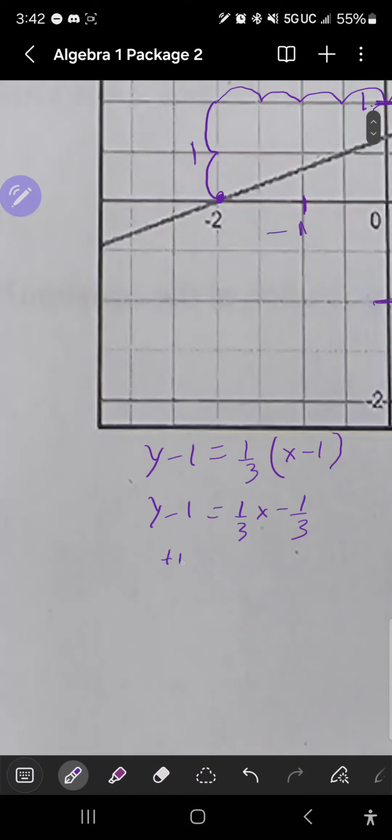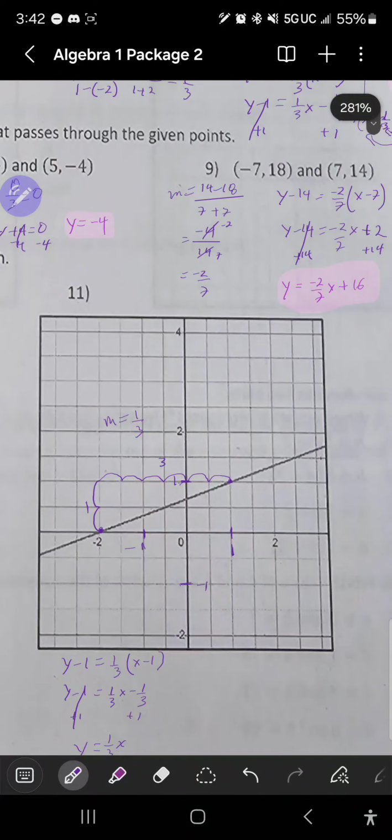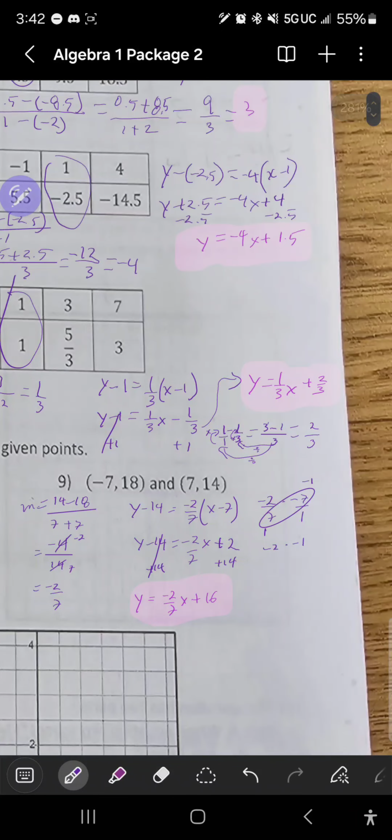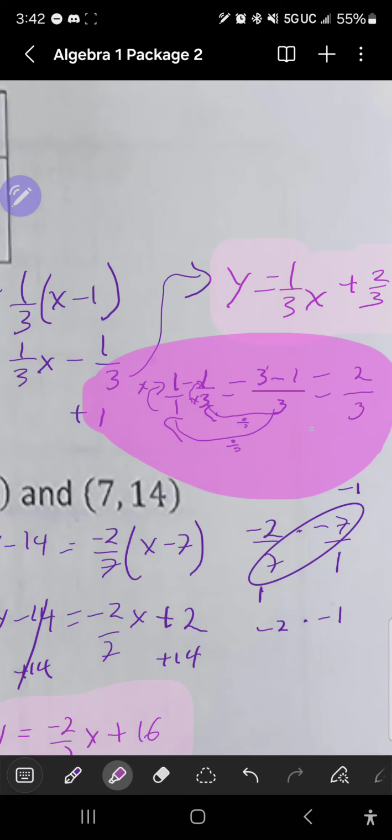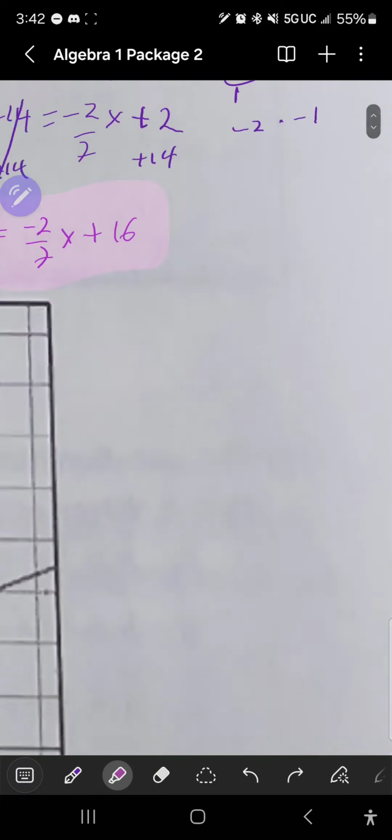Now we add 1 to both sides. This cancels and we have y equal 1 over 3x plus 1 minus 1 over 3. Now, in this case, it's exactly the same thing as I explained before.